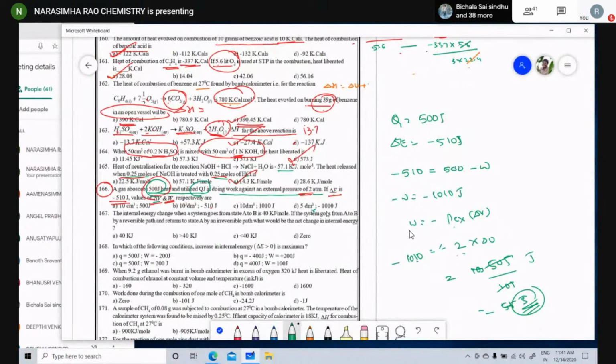And work done is minus 1010. Clear now? Clear, sir.